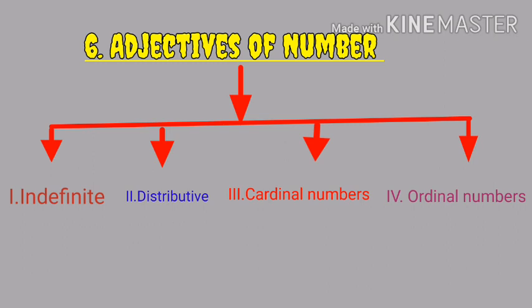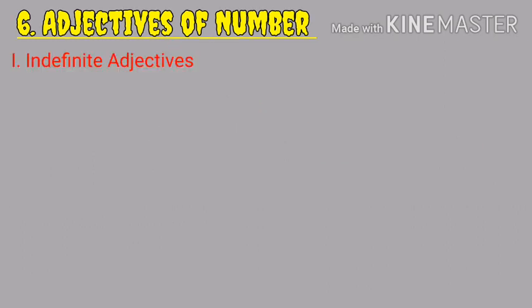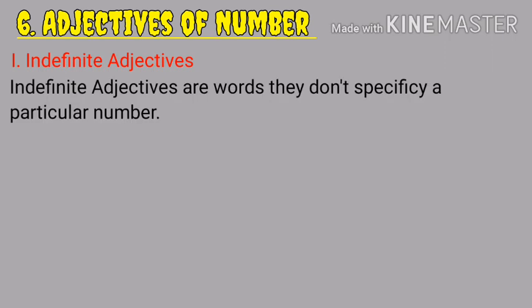Now let's talk about the first type of adjective of number, that is indefinite adjectives. So what are indefinite adjectives? Indefinite adjectives are words. They do not specify a particular number.